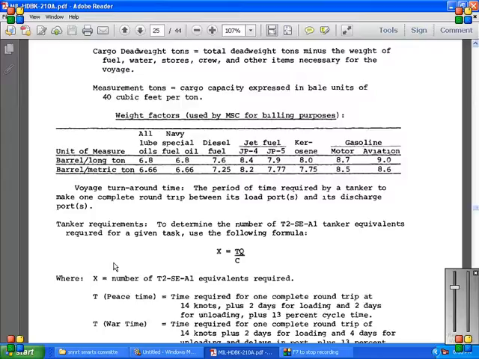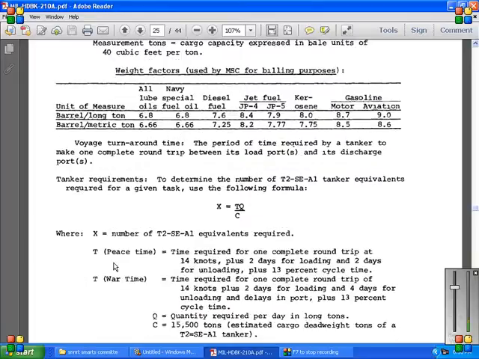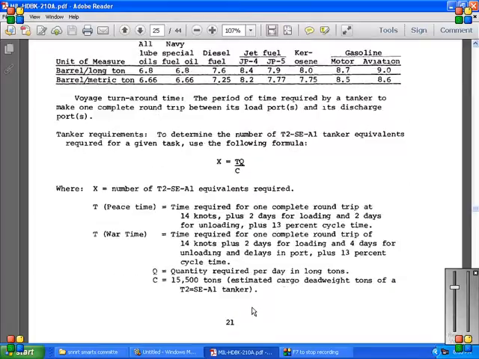T wartime is the time required for one complete round trip at 14 knots, plus 2 days of loading and 4 days for unloading and delays in ports, plus 13% cycle time. Q is the quantity required per day in long tons. C is the 15,500 ton estimated cargo deadweight tons of a T2-SE-A1 tanker.